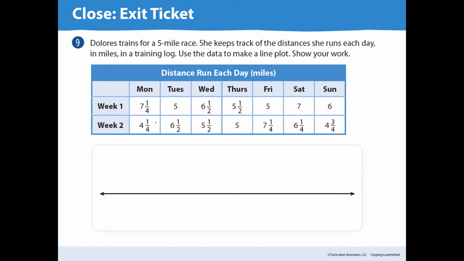So I'm looking at mine here, and I see 4 is my smallest whole number here, and there's nothing smaller than 4. And 7 is bigger than 7, but less than 8. So we're going to have to go from 4 to 8 here. So here's 4, 5, 6, and 7, and there's 8.